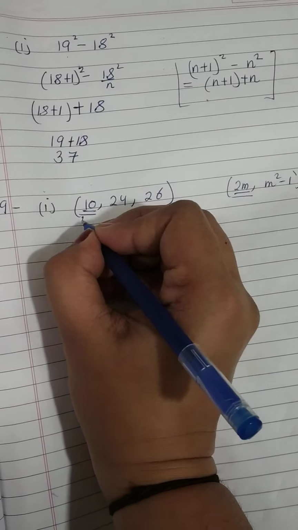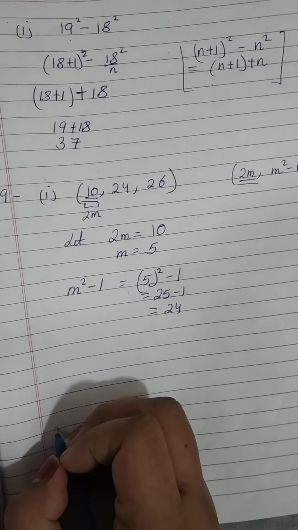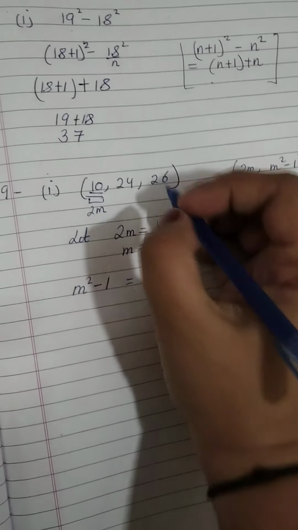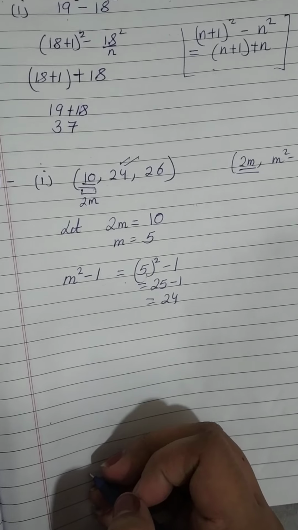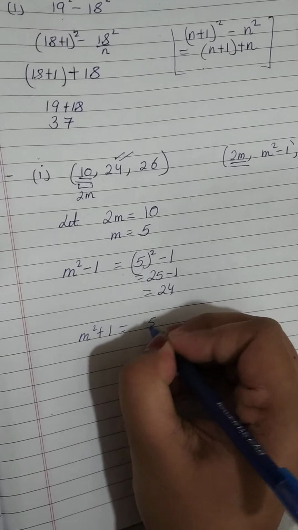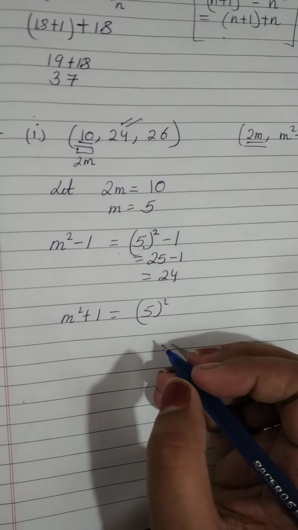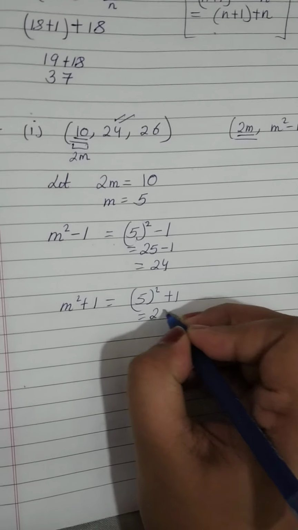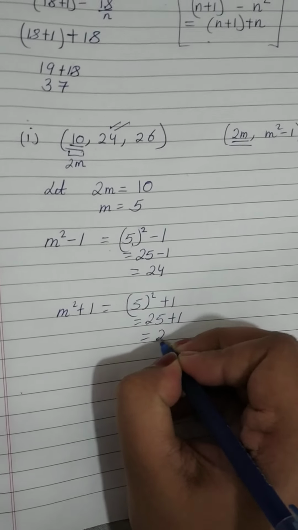Now next one I have to find m square plus 1. 5 square plus 1, that is 25 plus 1 is 26.